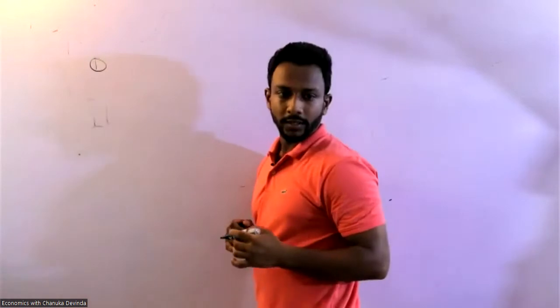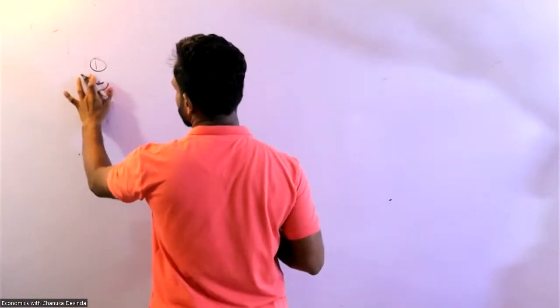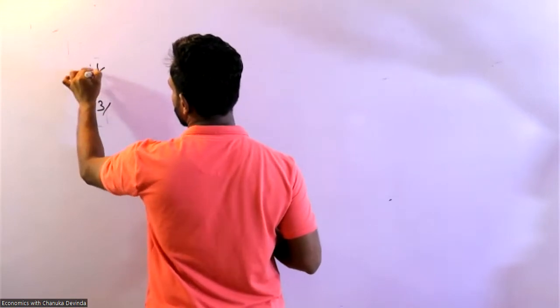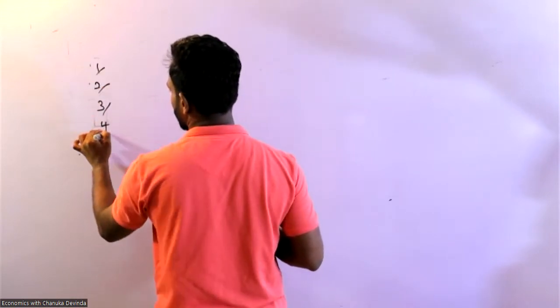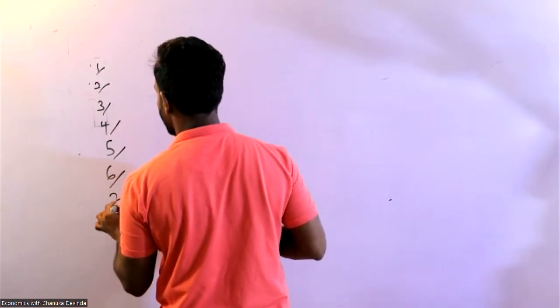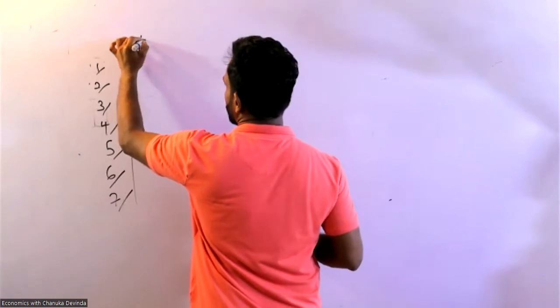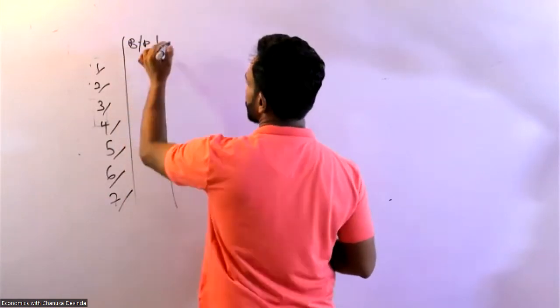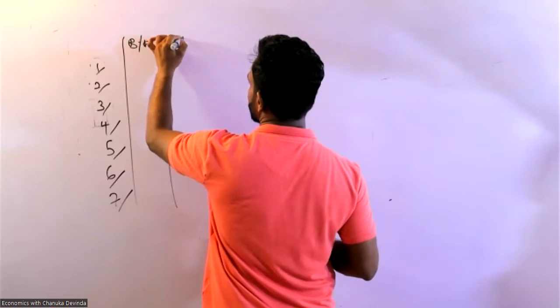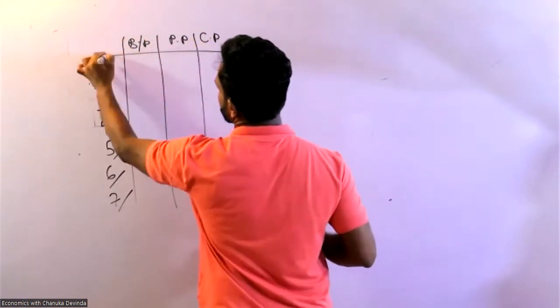How many are there? 7. Base price, producer's price, consumer's price.